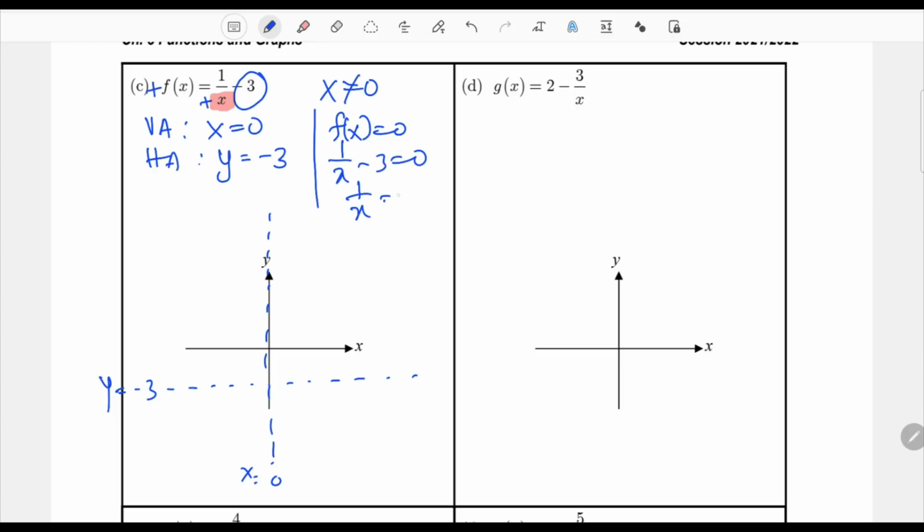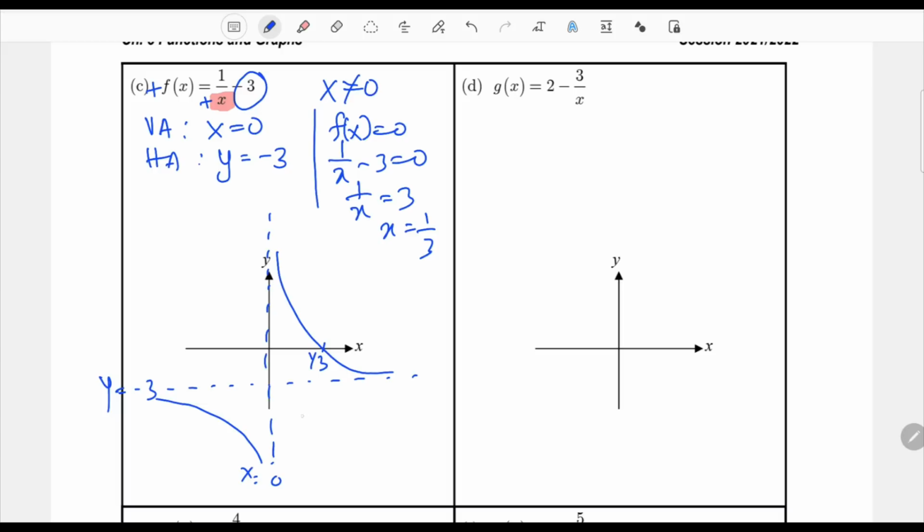So 1 over x equal to 3. x equals 1 over 3. So we have 1 over 3 somewhere here. Okay, the shape must be the same when x positive, y positive. So this is your 1 over 3. So you don't have any y-intercept.